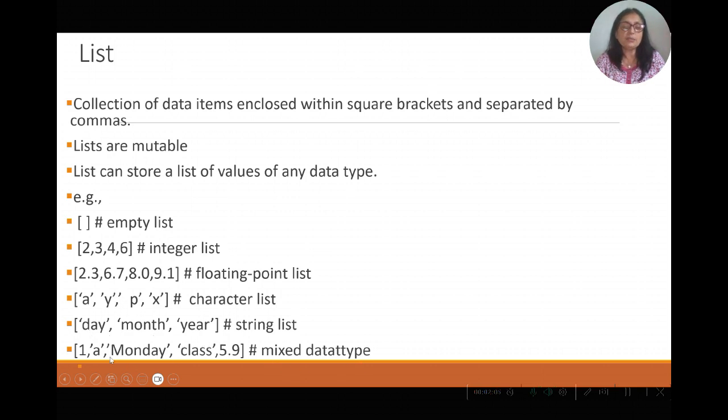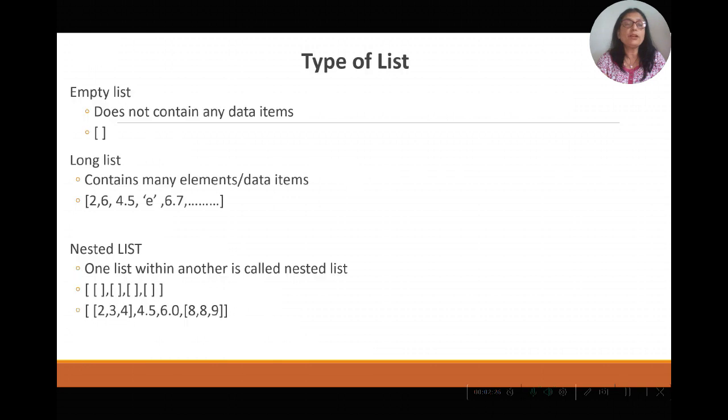Now mixed data type, it can be 1, A, Monday, class, 5.9. Just see, first one is integer, next is a character, next is a string, class is also a string, and this one is a floating point number. Those are the different types of list examples.